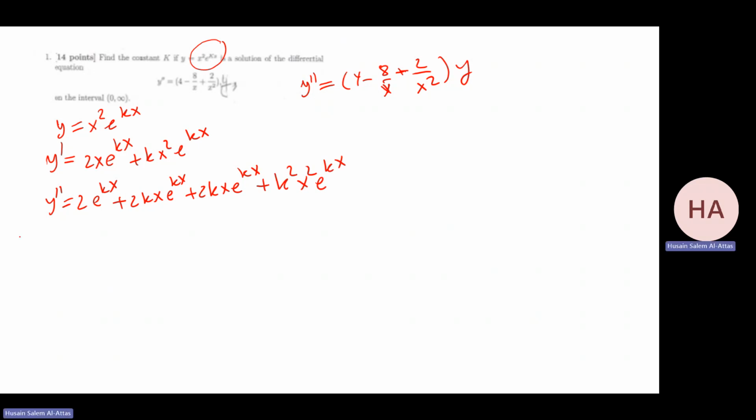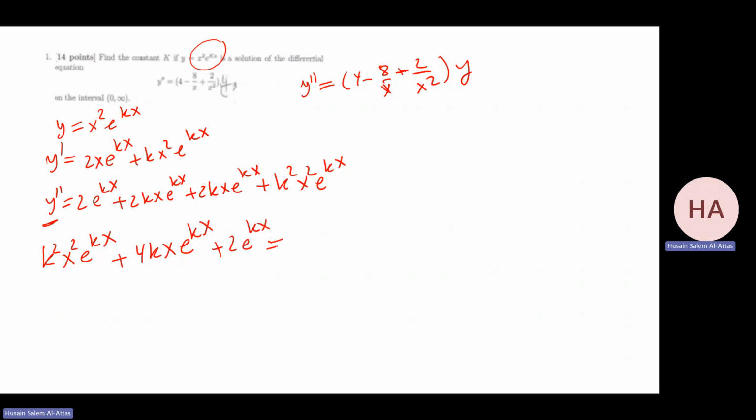Now he's saying the left-hand side should be equal to the right. So I have this y double prime, which I can write as k squared x squared e to the kx plus 4kx e to the kx plus 2 e to the kx.